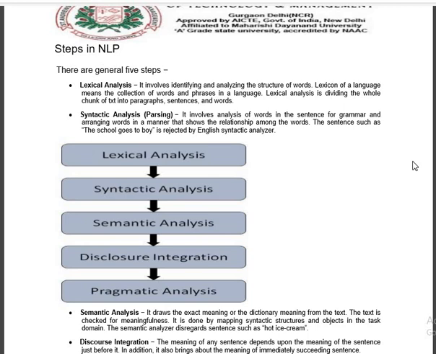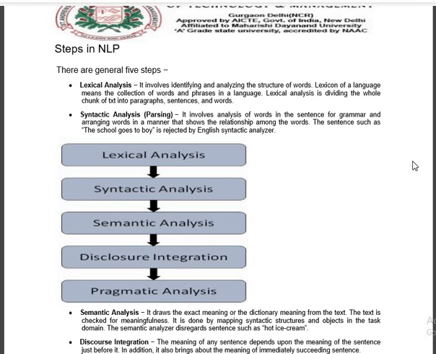Take an example: after lexical analysis we get the words John, mango, eats. To make a sentence, we need to arrange them: John eats mango. Now the sentence is valid. If we have only three words, John, mango, and eats, we can formulate a sentence in a usable, meaningful way.